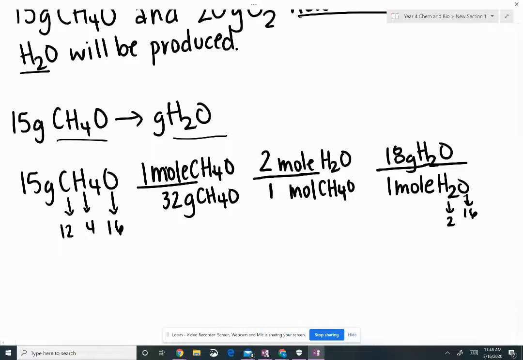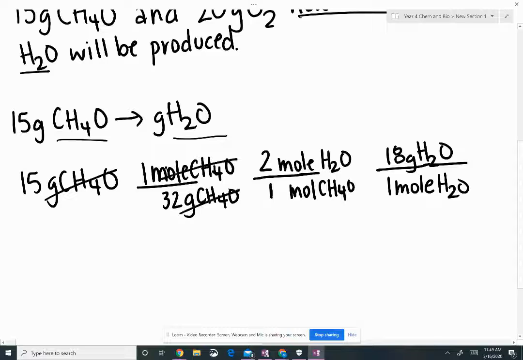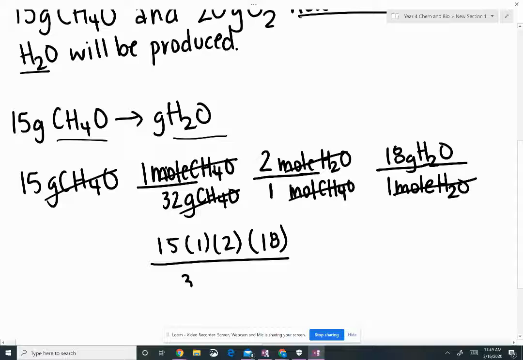Now I can multiply these things across. Oopsies. Hold up. Let me cancel my units so that I know I'm on the right track. Okay, everything cancels, so I'm good. All right, so 15 times 1 times 2 times 18 would be what I get on the top, and then I get 32 times 1 times 1.